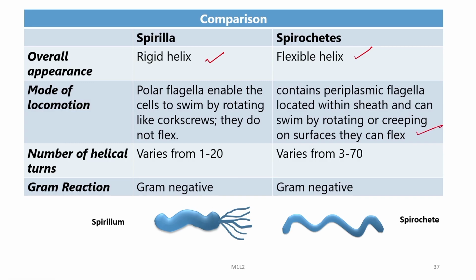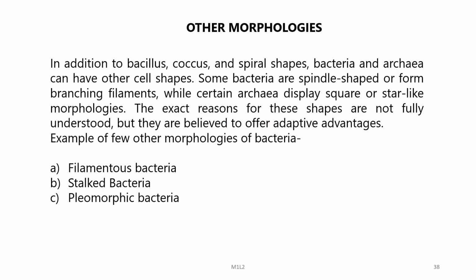They can flex. The number of helical turns in Spirilla ranges from around 1 to 20, and in Spirochetes from 3 to 70, which is almost more than 3 times. Spirilla show a gram negative reaction, as do Spirochetes, and what this gram negative reaction is we will discuss in a slide later.